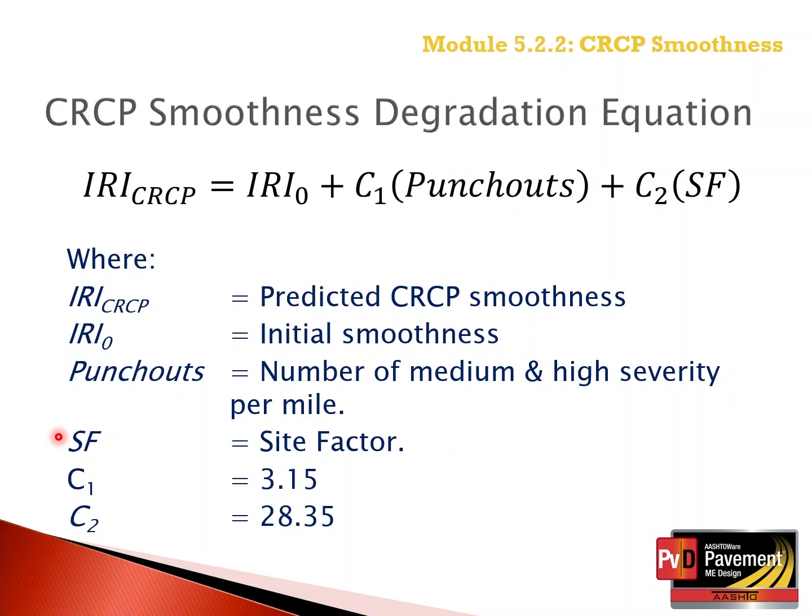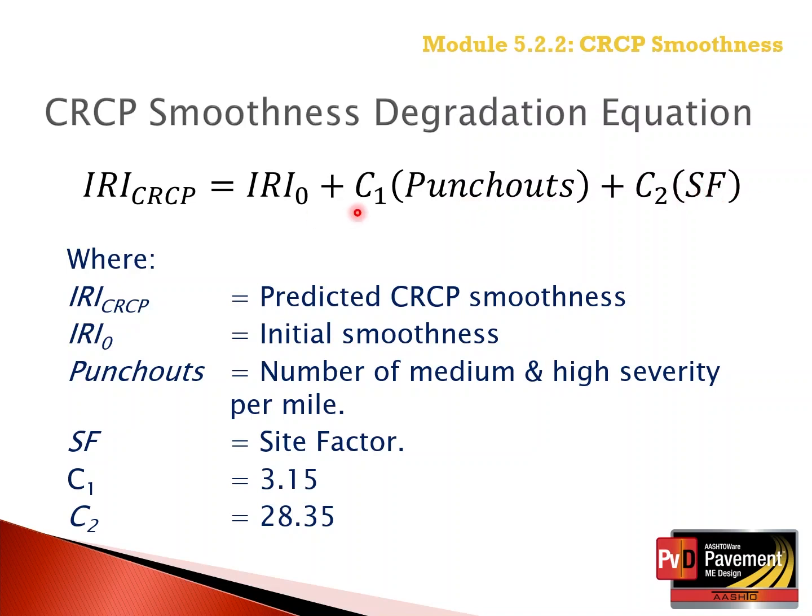The IRI predicted for a CRCP throughout the design period is based on the initial IRI at the time of construction, the number of punch-outs per mile determined in accordance with the software, and the site factor.